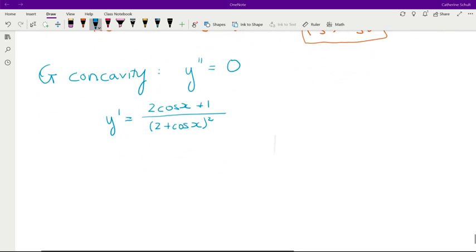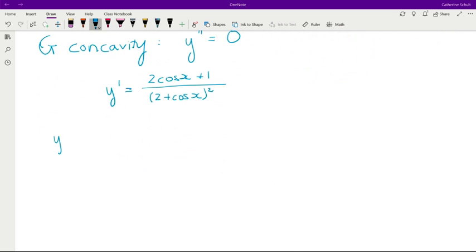And we're going to find the double derivative of this. So derivative of the top times the bottom, minus, where are we?